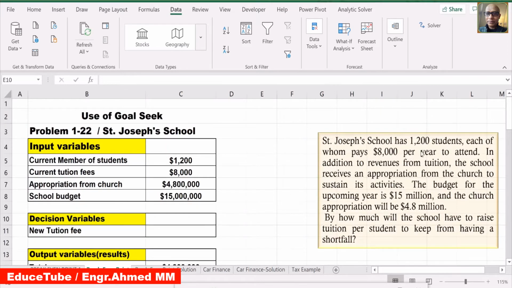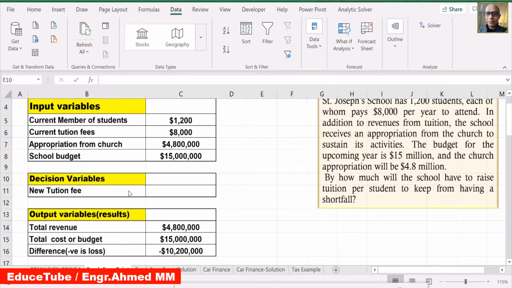St. Joseph School has 1200 students, each of whom pays 8,000 per year to attend. That's why we wrote here 1200, 8,000. The appropriation from the church is 4.8 million, and the budget for the school is 15 million, so I have written that.